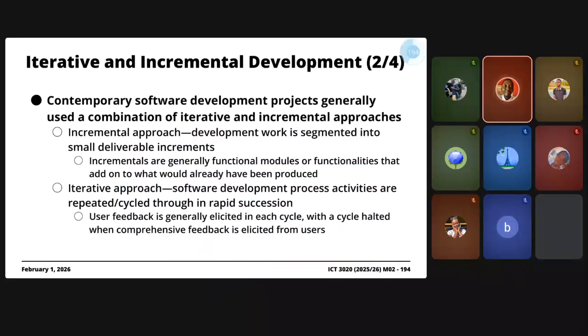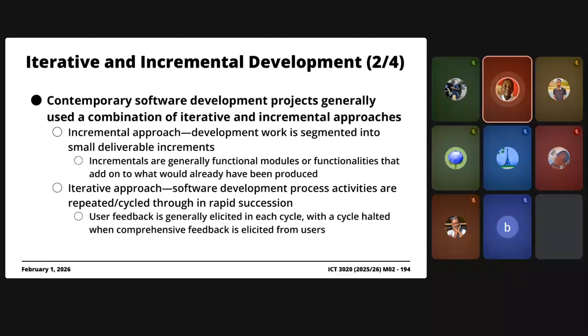All right. So we see here that it turns out that if you look at how software is presently developed, a number of projects will actually leverage a combination of iterative and incremental approaches, because over the years there's been an increasing push, ideally, to quickly build software and deliver to the client, the customer.